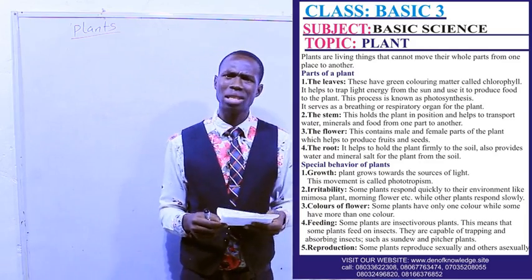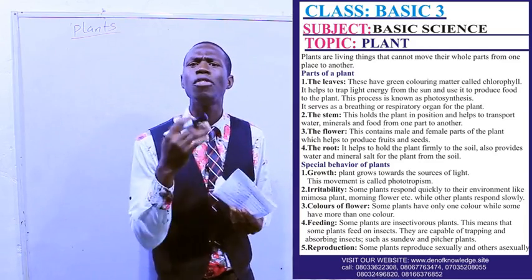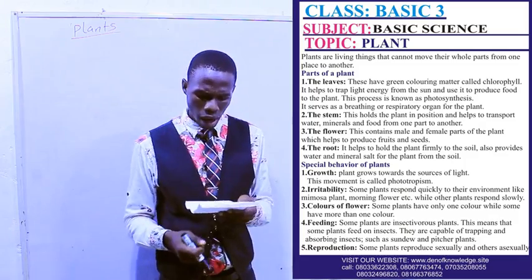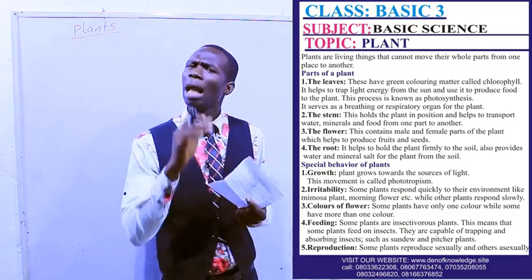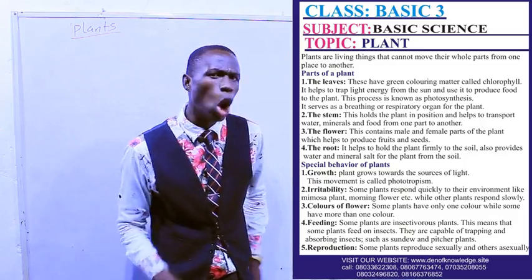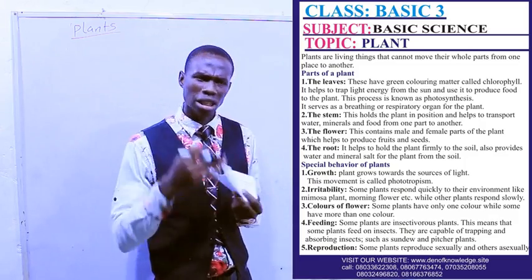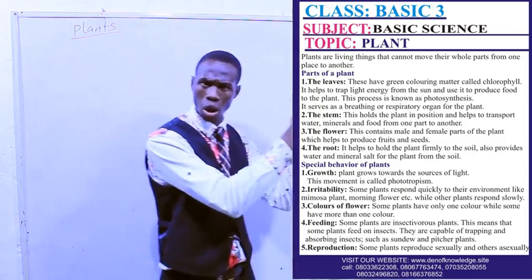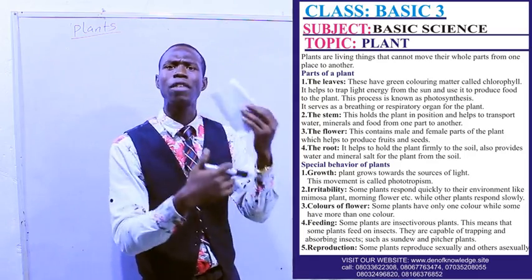Another thing is it helps in providing food for plants. The ability to provide food for the plant is called photosynthesis. That is the process of trapping the light, the sun ray, and using it to manufacture their own food.